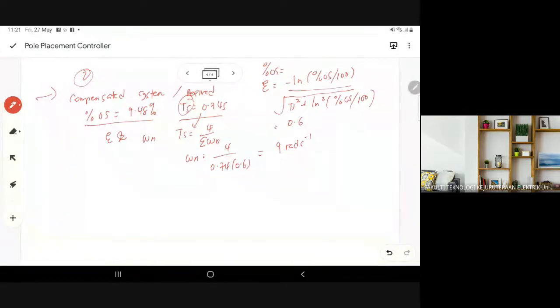So now you have zeta equal to 0.6, and omega n equal to 9 radians per second. After you have this information, you must apply it to the characteristic equation formula for the second order system, which is s squared plus 2 zeta omega n s plus omega n squared. So you just replace everything with the values you have.